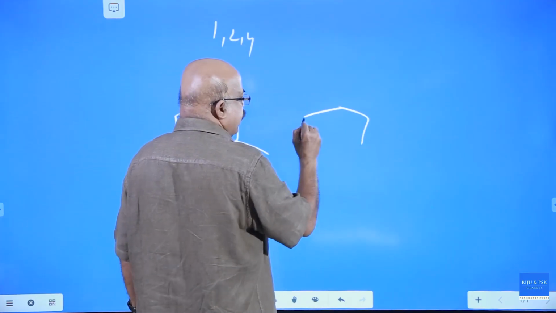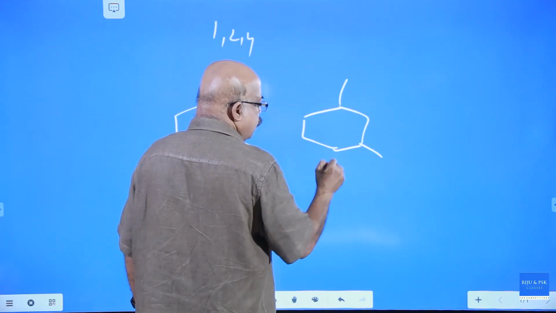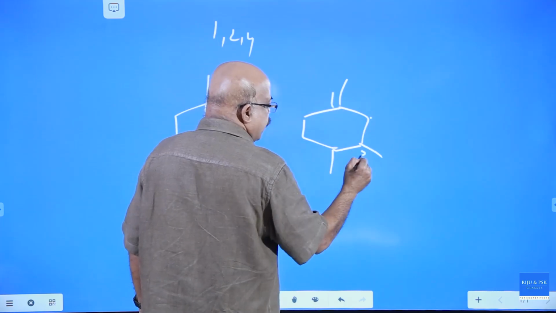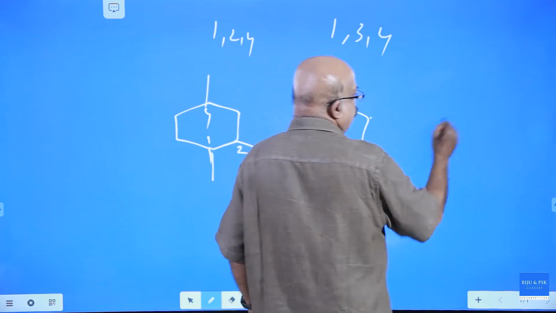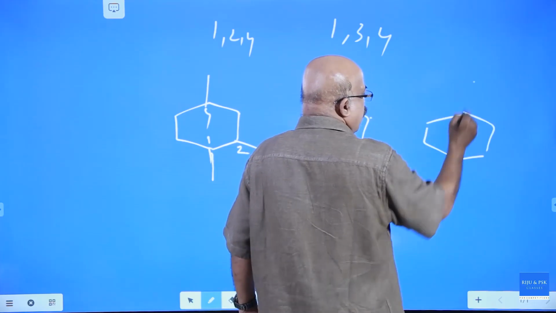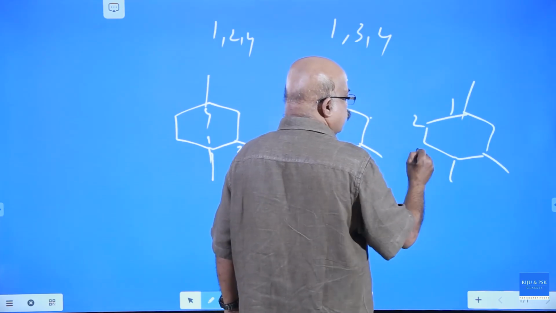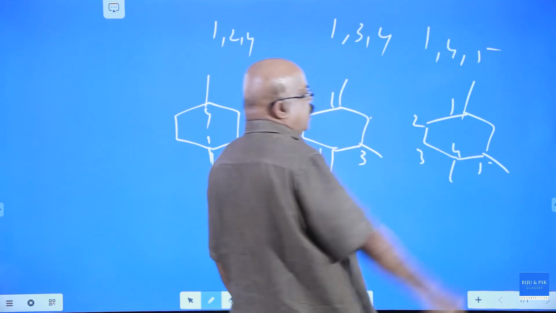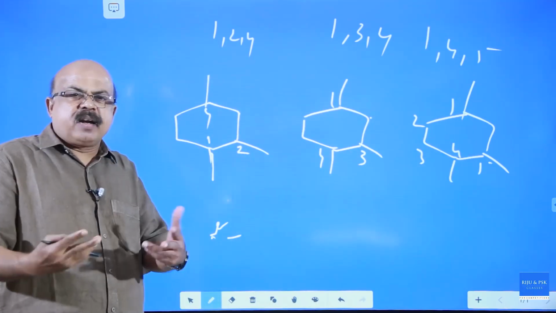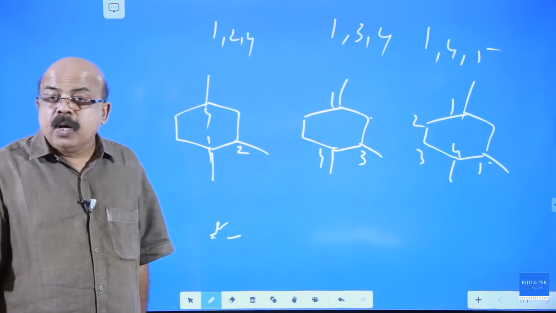If you number from here, 1, 3, 4. If you number like this, 1, 4, 5. Different sets of locants are possible.